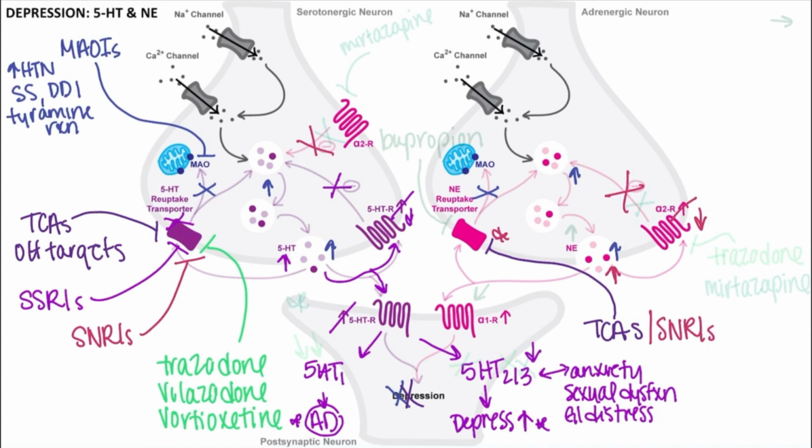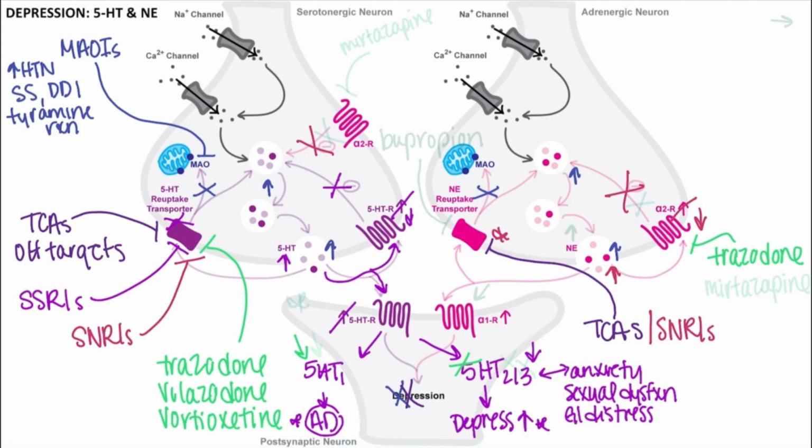For example, trazodone has antagonistic activity at those depressive serotonin 2 receptor subtypes, as well as the alpha 2 receptors. Vilazodone, on the other hand, has partial agonistic activity at the 5-HT1 receptor subtypes, which are the antidepressant ones.